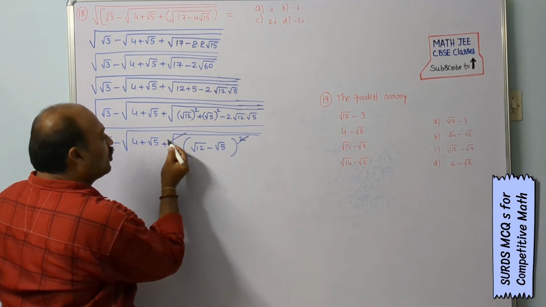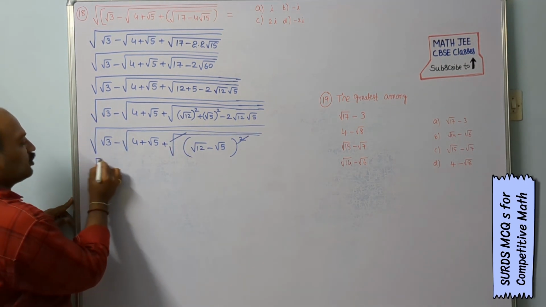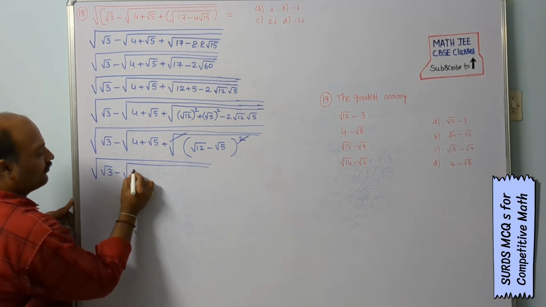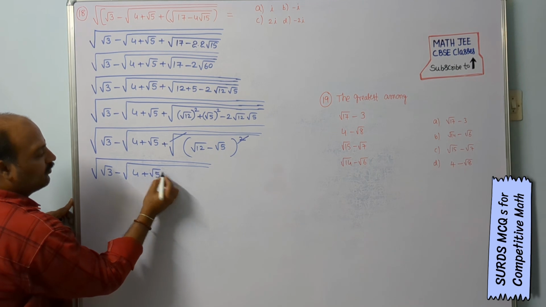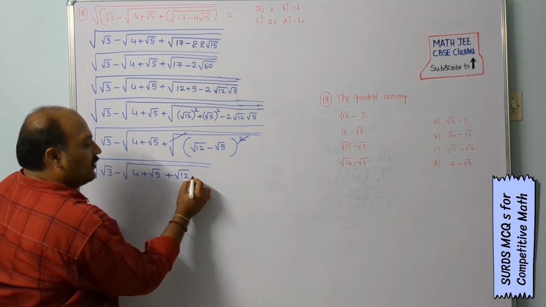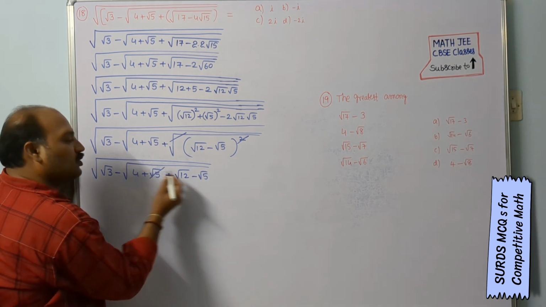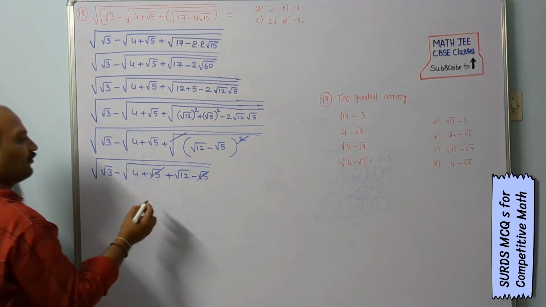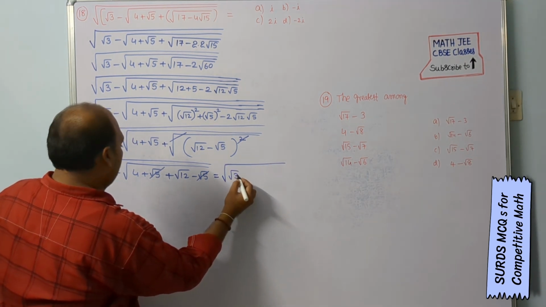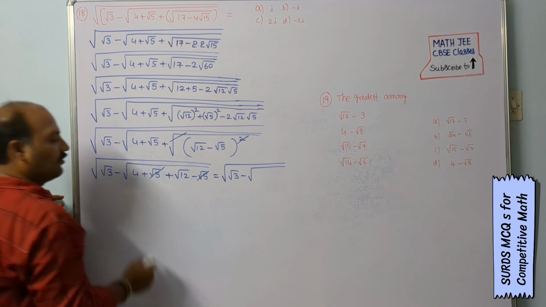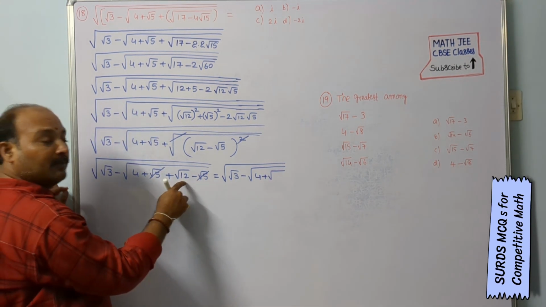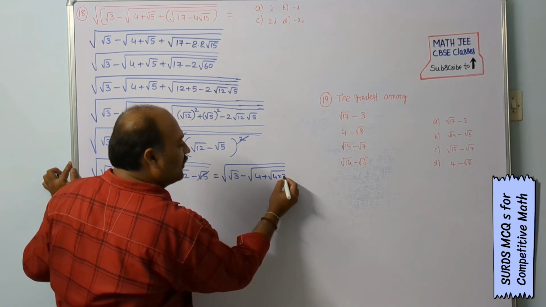Here square, here root will be cancelled. Square root of root 3 minus square root of 4 plus root 5 plus root 12 minus root 5. Plus root 5 minus root 5 get cancelled. So which is equal to square root of root 3 minus square root of 4 plus root of 12, which can be written as 4 into 3.